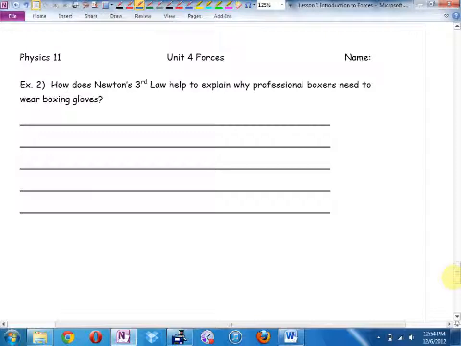I assure you, any boxer would much rather get hit by a fist than by a boxing glove. Right? F of fist on face equals negative F of face on fist.